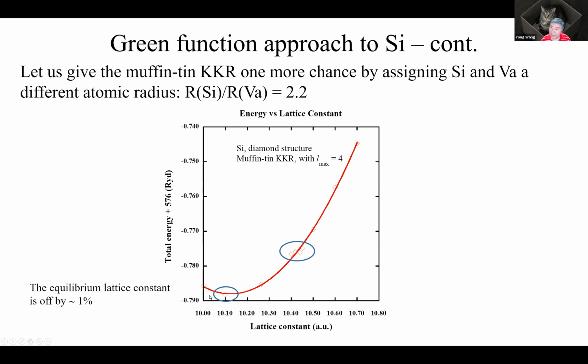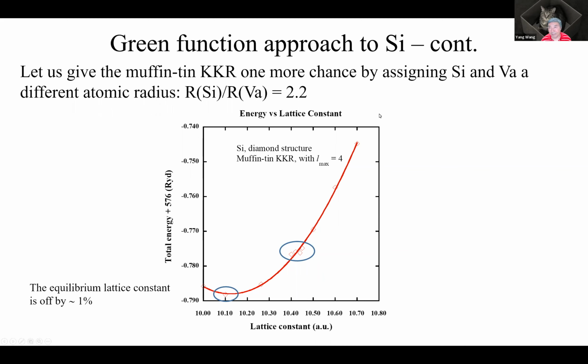Also, this minimum lowest energy point is not close to the equilibrium lattice constant, which should be here. The Muffin calculation underestimates the equilibrium lattice constant, shown to be here. It's about 1% off from the result, but it's still reasonably good.